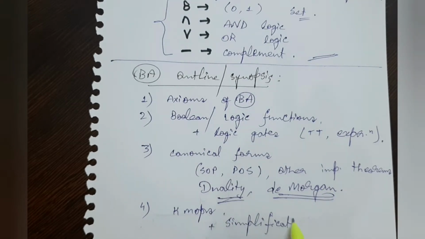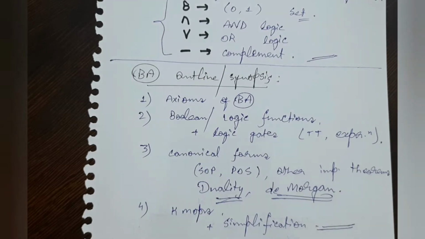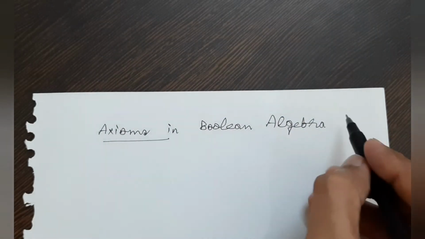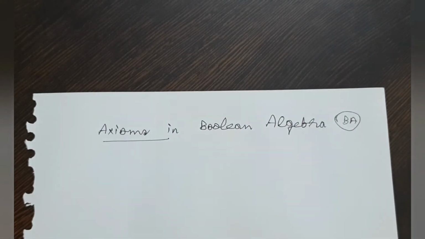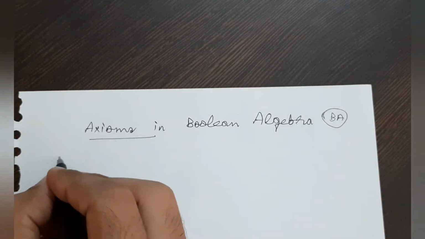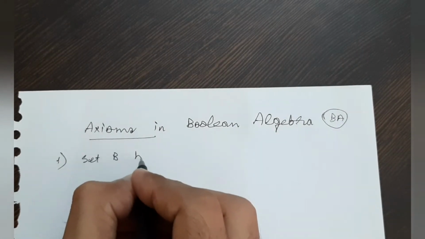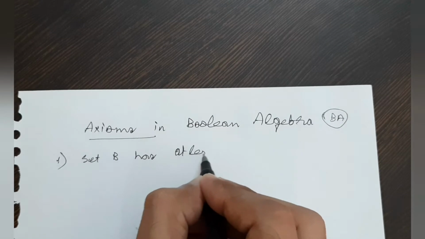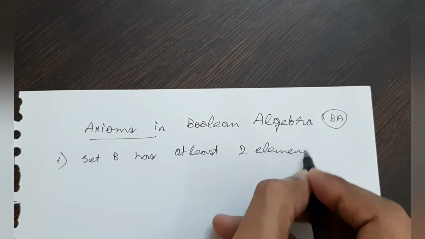Then canonical forms, SOP, POS, and then two very important topics, duality and De Morgan's theorem, followed by K-maps or Karnaugh maps. So we start with our first subtopic, axioms in Boolean algebra.